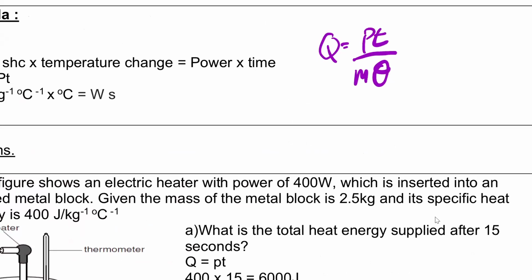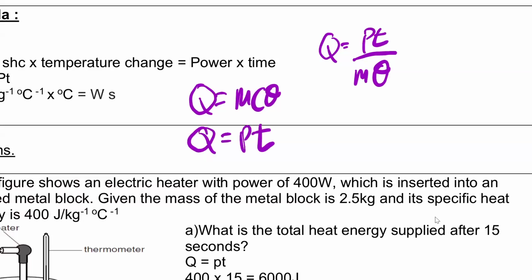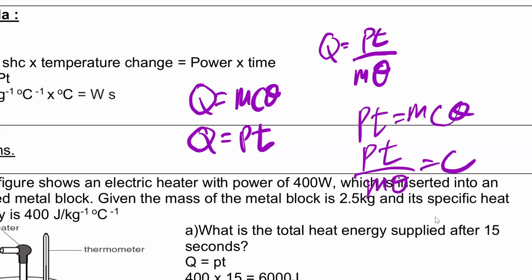How do you even get this here? It's either energy equals to MC theta or energy equals to power times time, right? If you do like that, power times time equals to MC theta. You did power times time equals to M theta, right? You're looking for C already, hello. Make sense or not?